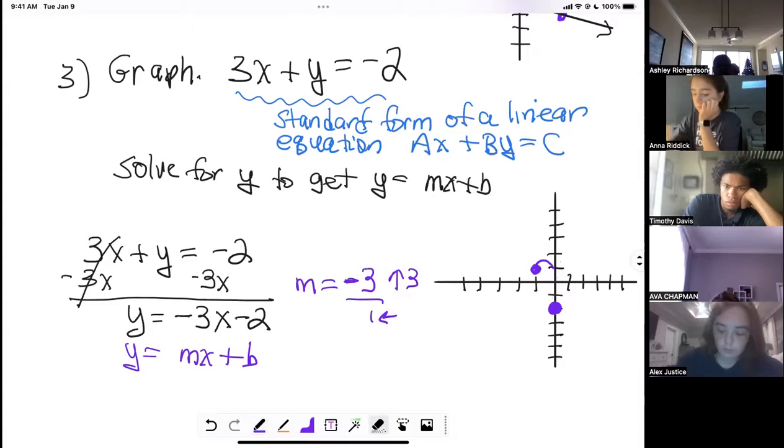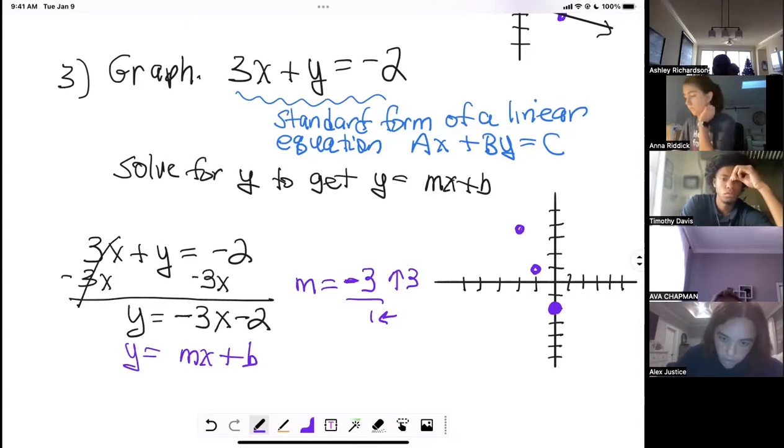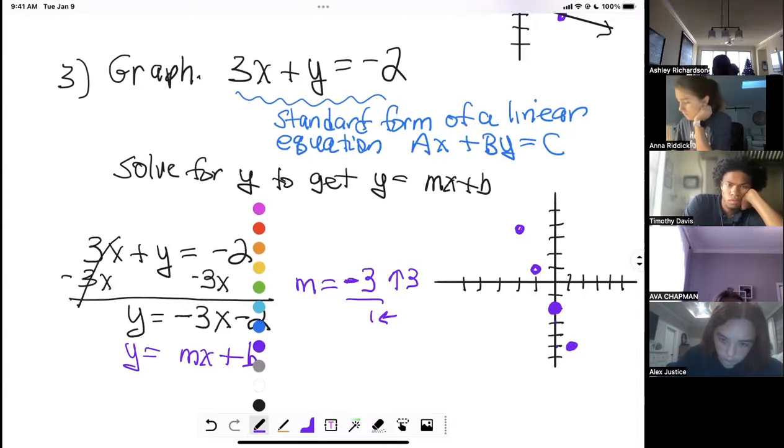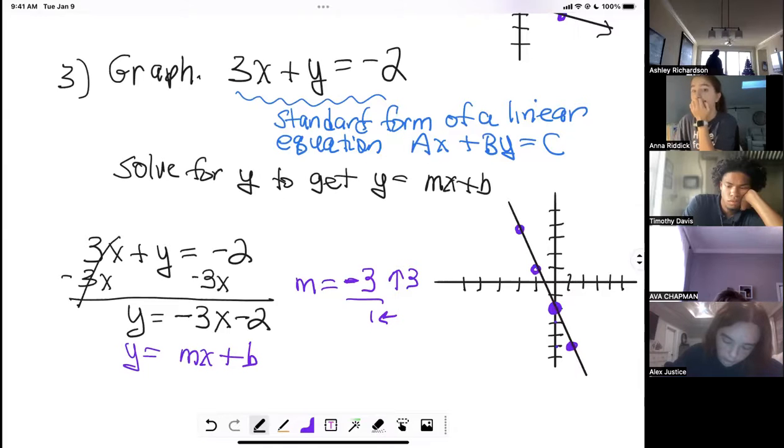I'm going to erase this because it's not really there, and then we're going to go again, up 1, 2, 3, over 1. And then I'm going to go down from the last point, 1, 2, 3, over 1. And now I can draw my line, not that way. I erased it by mistake, hold on. And I have my point.